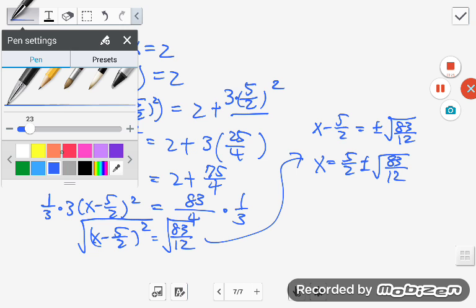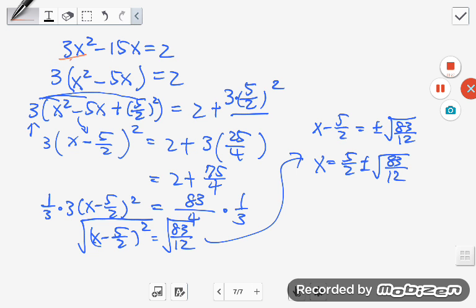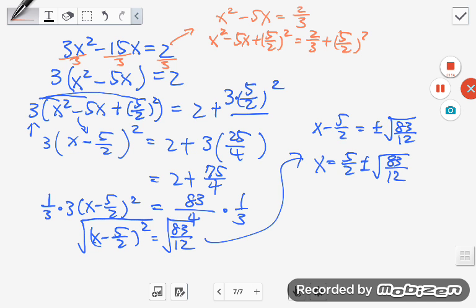If we had, say, divided this by 3, divided that by 3, divided that by 3, and that will give us x squared minus 5x is equal to 2 over 3, right? And then we can just complete the square on the left, x squared minus 5x plus 5 over 2 squared, and I can do the same thing to my right, plus 5 over 2 squared. And doing it this way is actually safer.